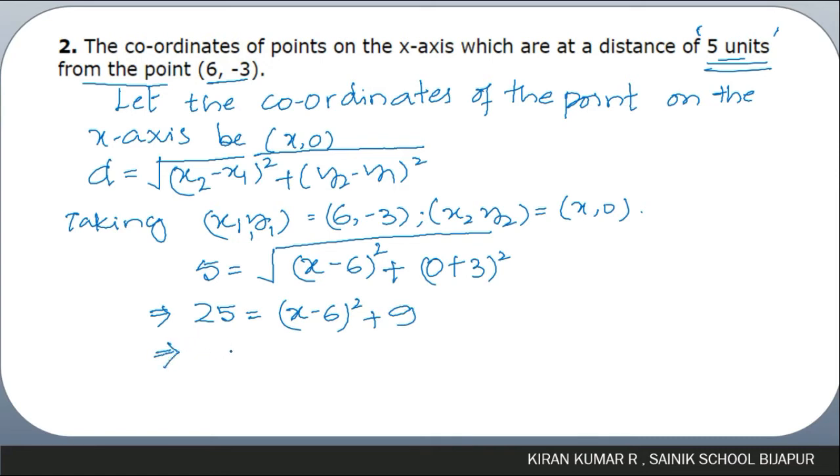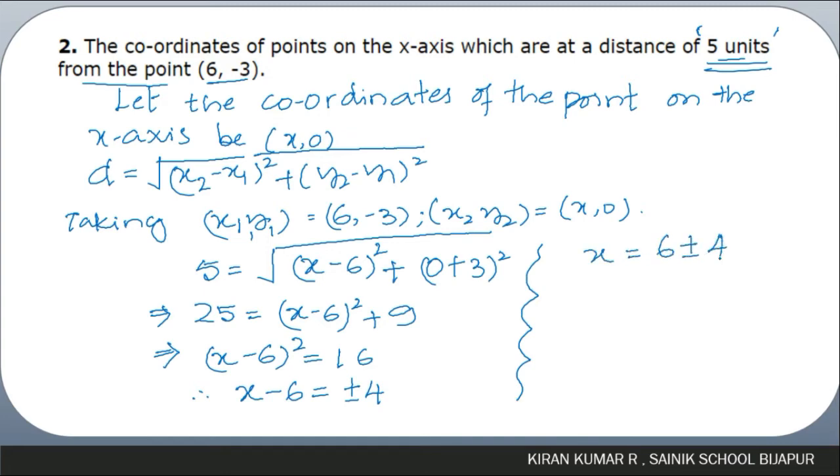To simplify this, I'll transpose 9 to the other side. I'll get x minus 6 whole square as 16. Therefore, x minus 6 will be plus or minus 4. This implies the x value is 6 plus or minus 4.